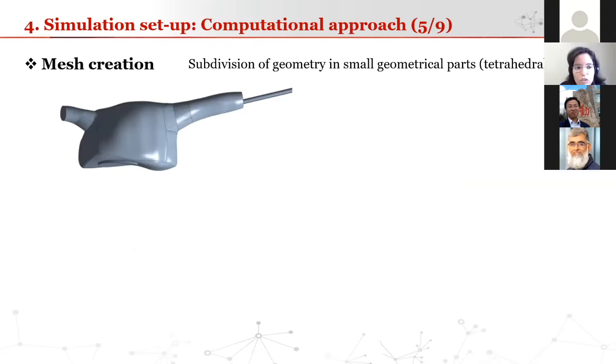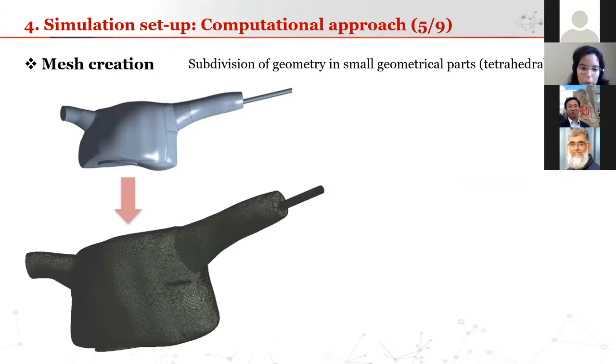Then we had to create a mesh. A mesh is basically a division of the geometry into small geometrical parts where all of the equations of flow will be solved. So this here is an example of the basic geometry which we used. And below we have the same thing, but divided into many small mesh elements.